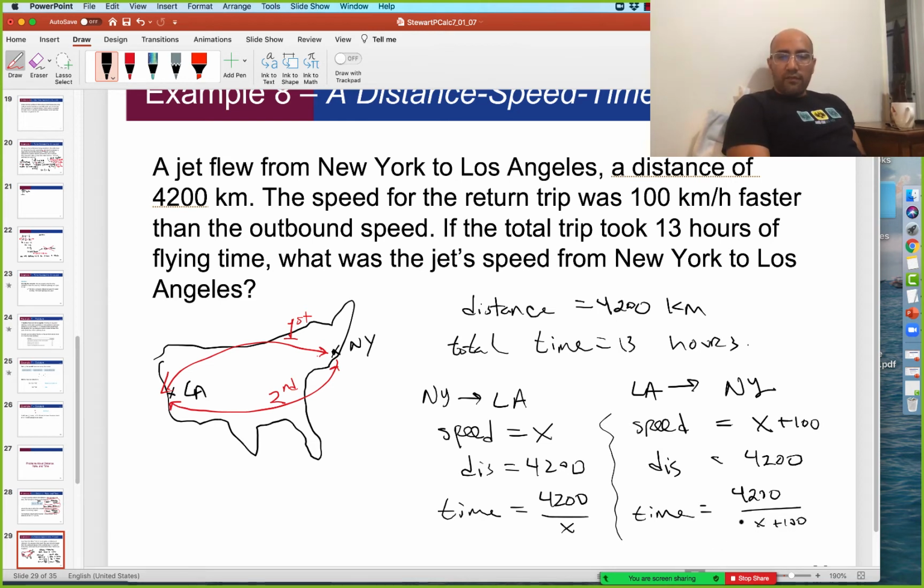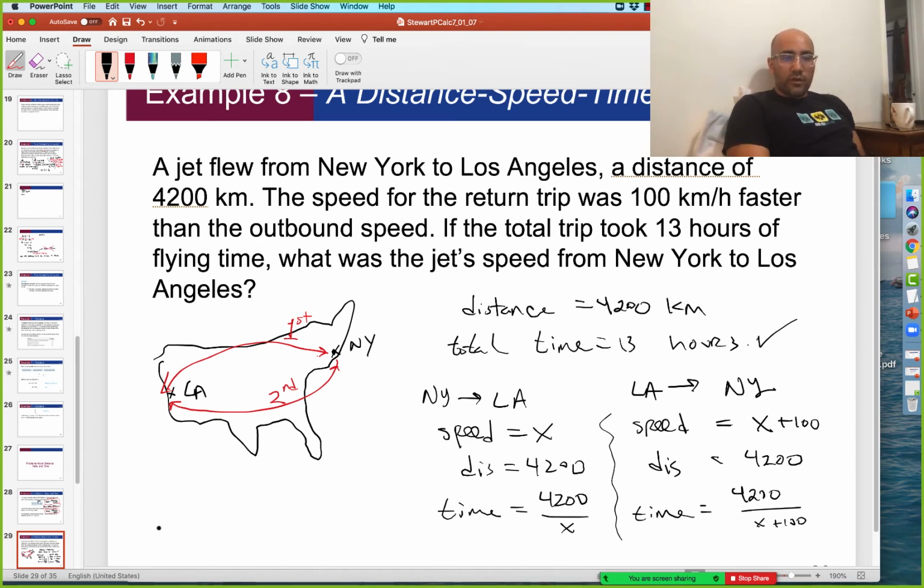Good. And now the final piece of the puzzle is that the entire round trip should have taken 13 hours. So it must be true that the time it takes for leg one, from New York to LA, plus the time it took to go from LA to New York, should add up to 13.